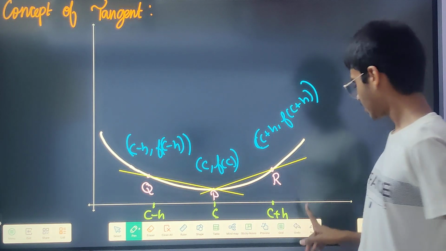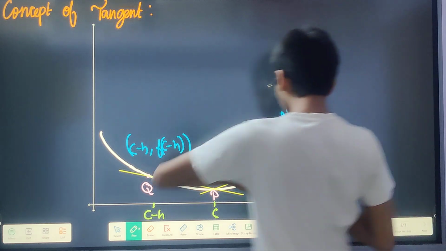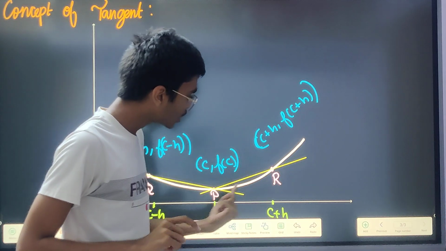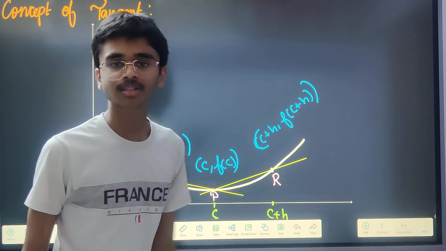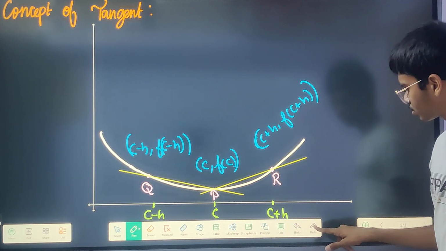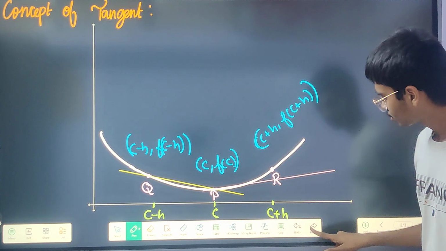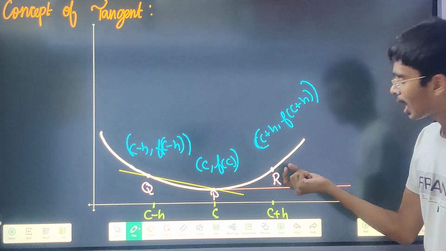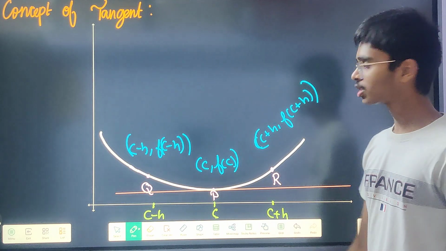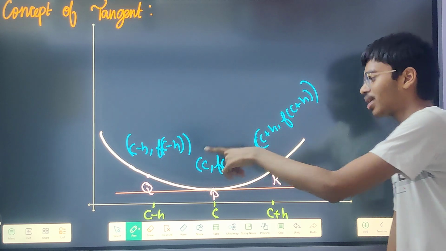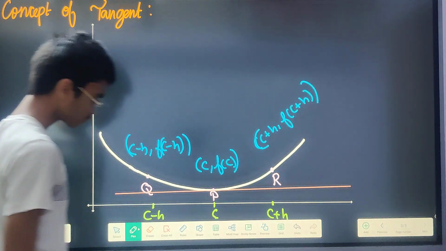As I bring this R point towards this P point, the line intersecting the curve at this point is what is known as R. If I bring this R point like this, the line goes in a decelerated way, and when R meets P, then doing the same with this line, the points will be like this, with C minus H, f of C minus H, like this.